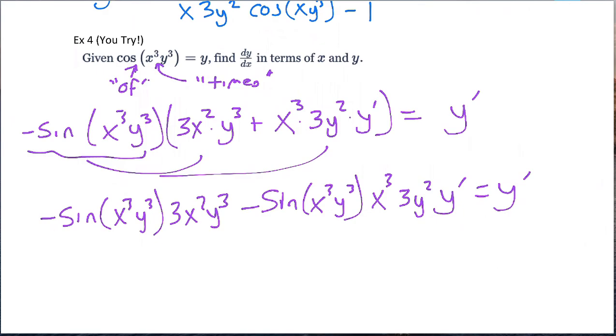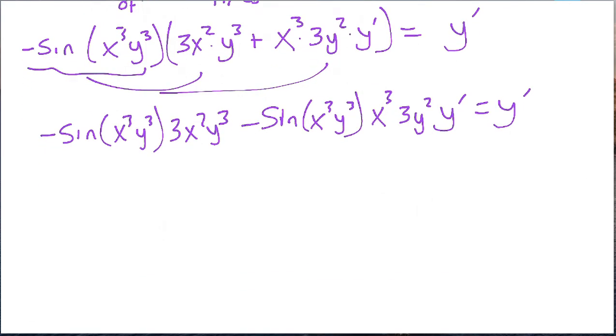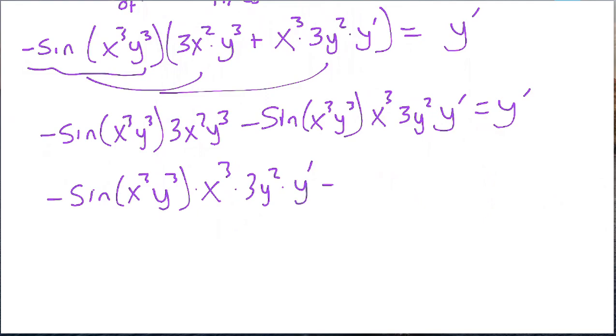Now I'm going to move the y prime over, move the other thing over to the other side. So negative sine x cubed y cubed times x cubed times 3y squared times y prime minus y prime from the other side equals, now this is going to be a positive term.